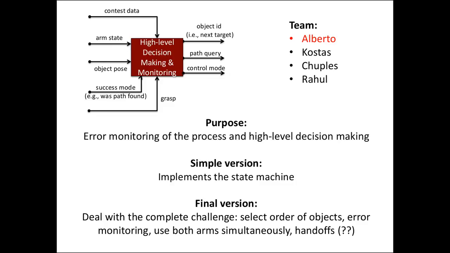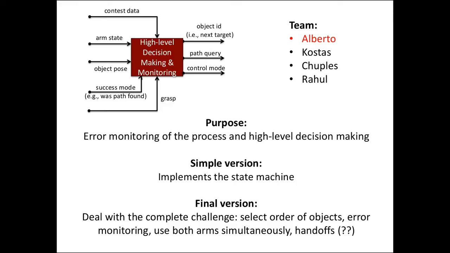So the high-level decision-making and monitoring module has the purpose of monitoring errors in the process and doing high-level decision-making. Currently, my proposal is to make the high-level decision-making that I have just shown you in the form of that state machine.